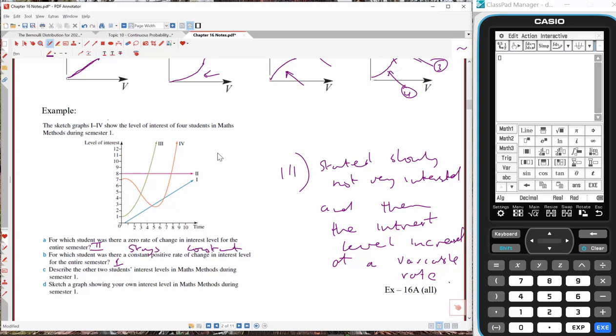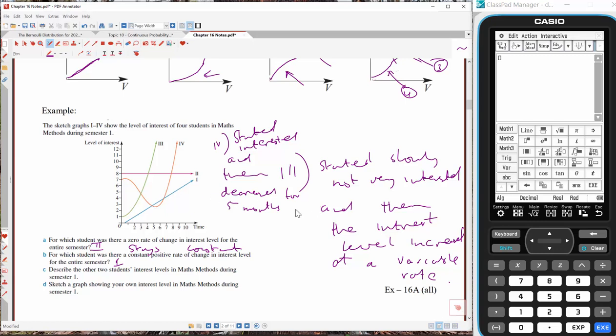Right, let's have a look at the roller coaster ride that student 4 goes through. So started interested, if we're saying 7 is interested, and then decreased. So decreased along here. What they did was decrease for, let's go 5 months, I think the time is. So it steadily decreased for 5 months. Then it hit the lowest point around 5 months. Whatever that is, cubics, I don't know.